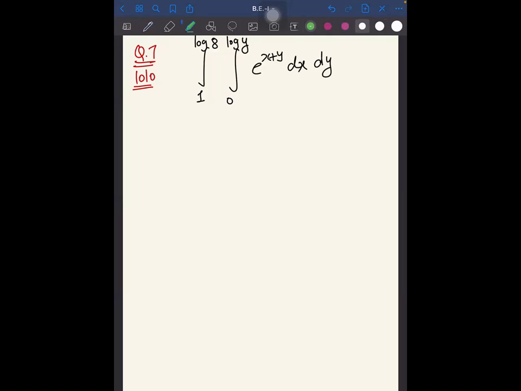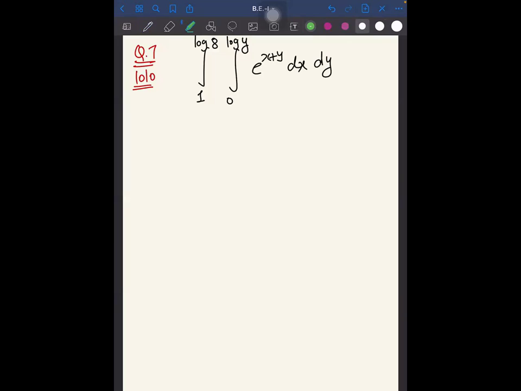So let's say question number 7. We need to evaluate 1 to log 8, 0 to log y, e raised to power x plus y, dx dy. Can you tell me, should we integrate with respect to x first or y?